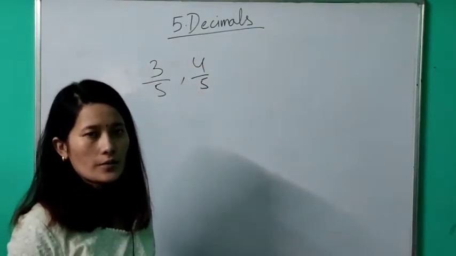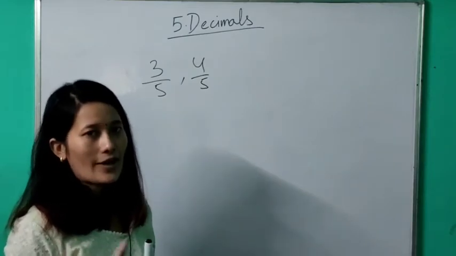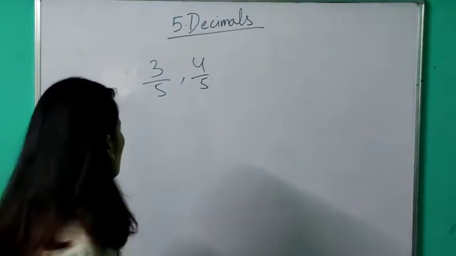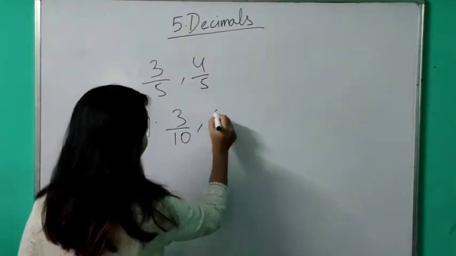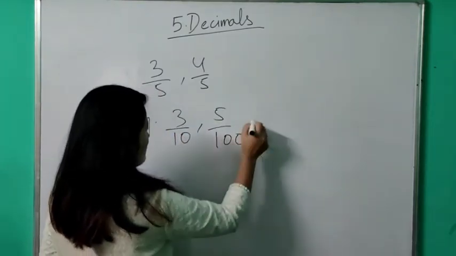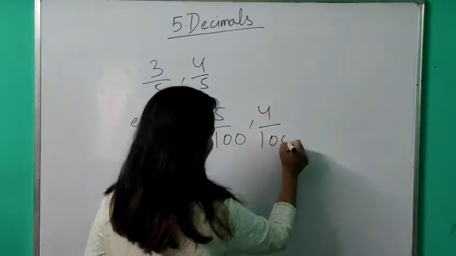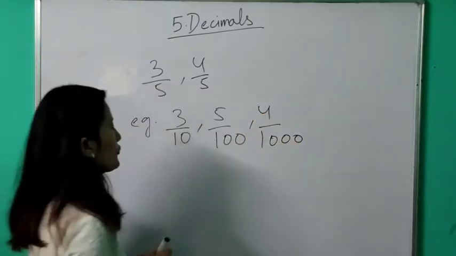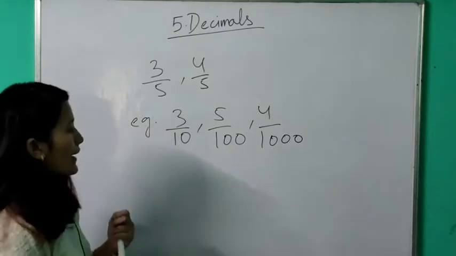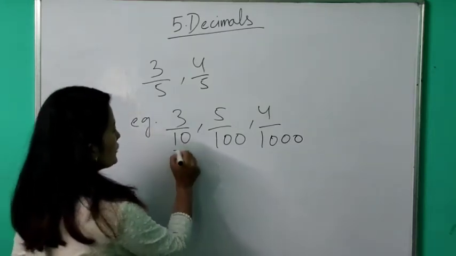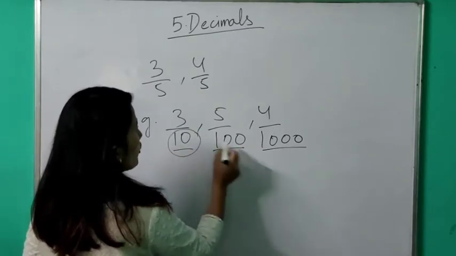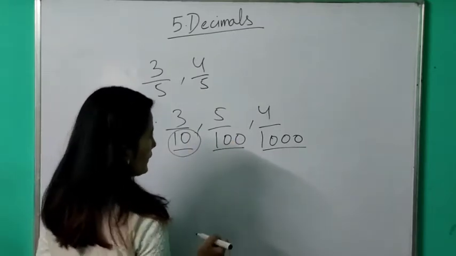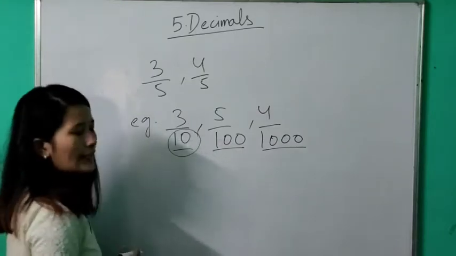Now there is another term called decimal fraction. What is a decimal fraction? Let's take an example. If you look at the denominator of this fraction, either it's 10 or a multiple of 10, like 100, 1000, 10,000.